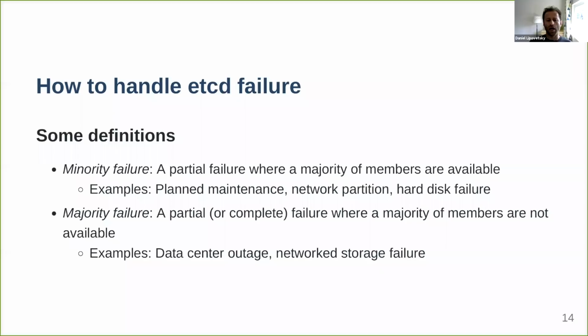Now, before I go into the next section, I want to set a couple definitions. So a minority failure is a partial failure where a majority of members are still available. As I mentioned before, in order for etcd to accept any read or write, a majority of the members must be available.